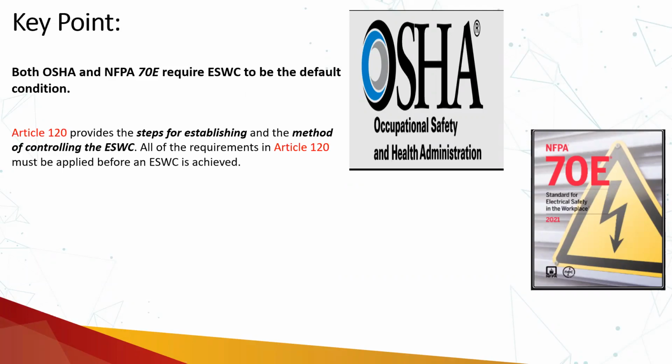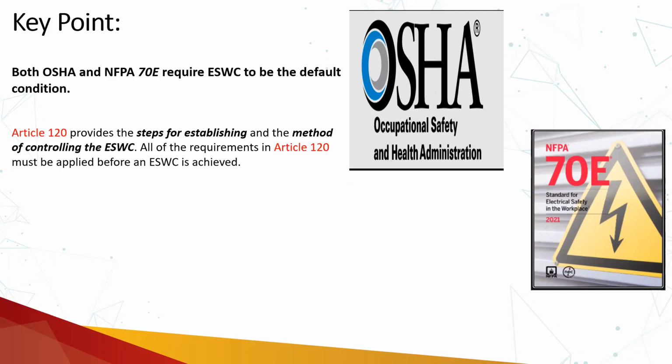Maybe someone deliberately puts those things live once it has been put into an electrically safe work condition. So 120 not only talks about the steps for establishing, but also the method for controlling the electrically safe work condition, like once you have received all the clearance, how you should proceed with the normalization of your electrically safe work condition.